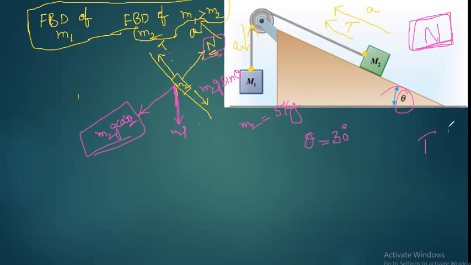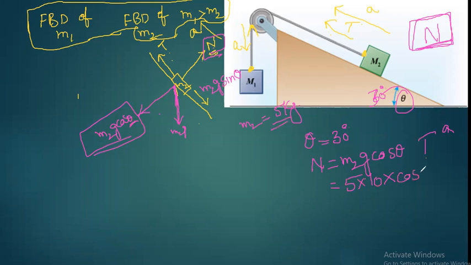We are calculating only T and A for this. No, N also we are calculating. N is nothing but M2G cos theta, right? Here the mass is 5 and G is 10, and say the angle is, let us take cos 30, then it becomes easy.